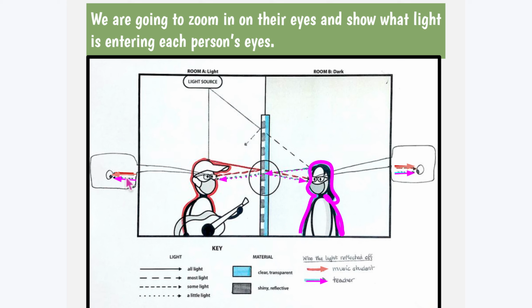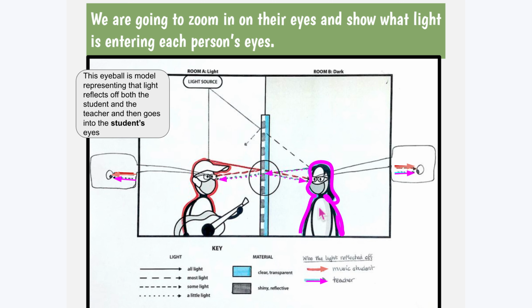And then there's a weaker or smaller amount of light that's reflecting off of the teacher, because she's in a dark room. Some of the light reflects off of her. Some of it goes through. So a lot less light is actually coming off of her and making it back through that one-way mirror. But there is a source of light that's reflecting off of her.